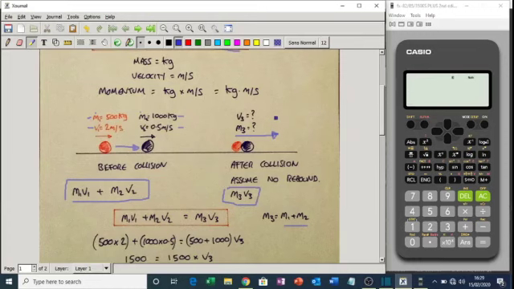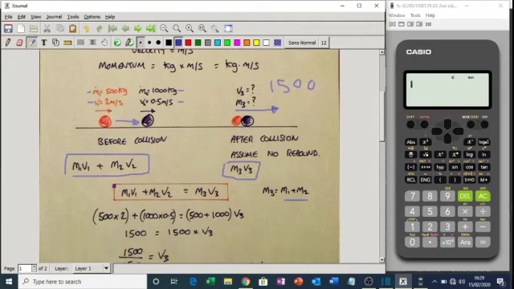So m3 after collision will simply be 1,500, assuming there's no loss of mass. So there's my formula: m1v1 plus m2v2 equals m3v3. This part here is before the collision, and this bit here is after the collision. Momentum before is momentum after.